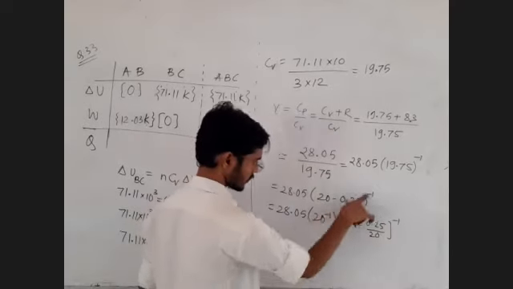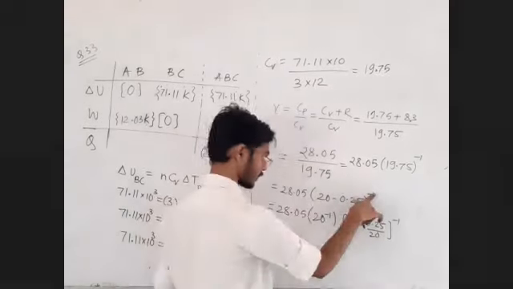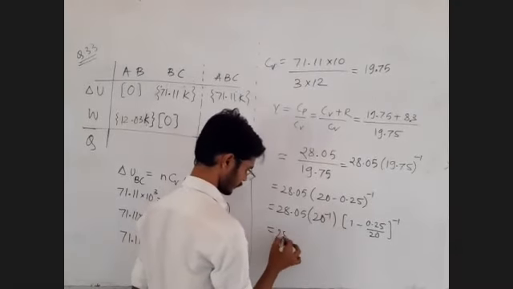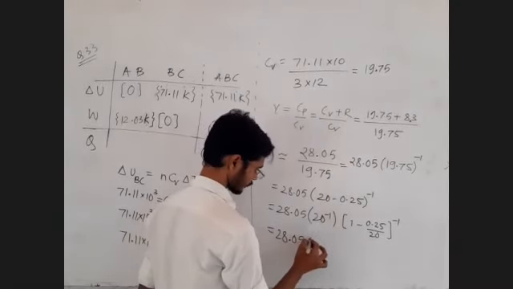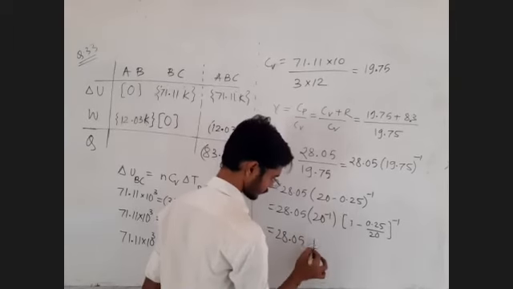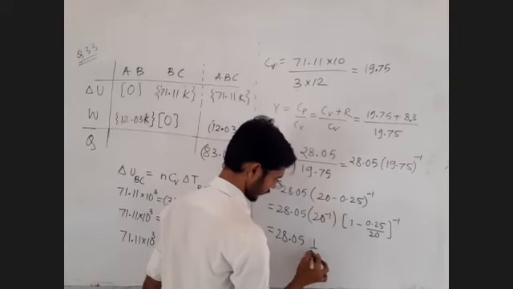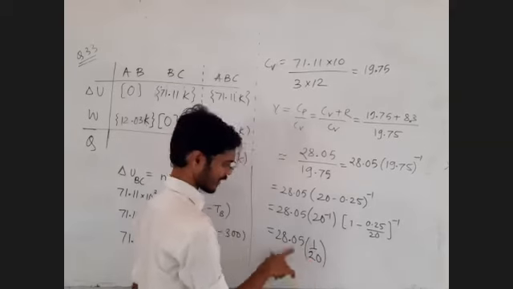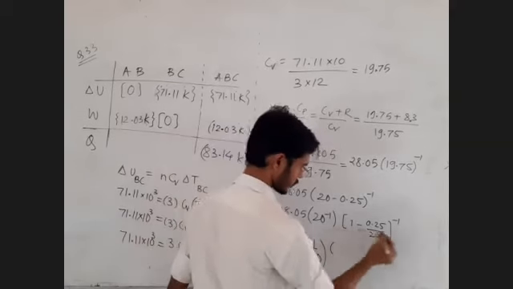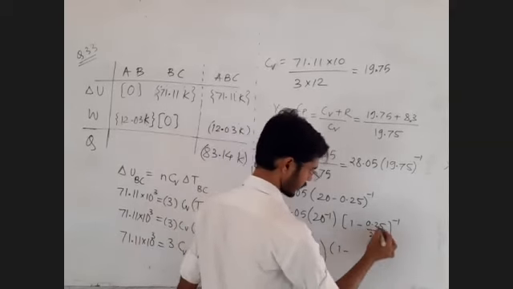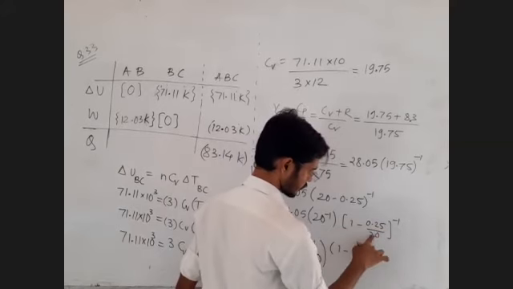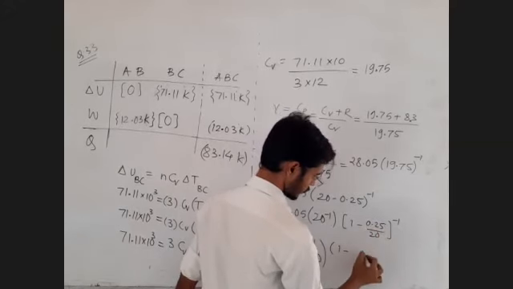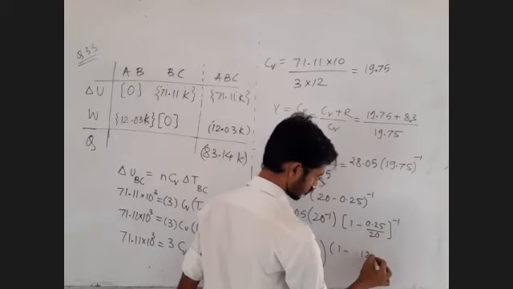Don't make this silly mistake, okay? 20 common means 20 raised to minus 1 also common, so 1 by 20. Instead of directly writing 20, the other term is also there. 1 minus 0.25 upon 20. 2 upon 2 is 1. 5 by 2 is 2.5.